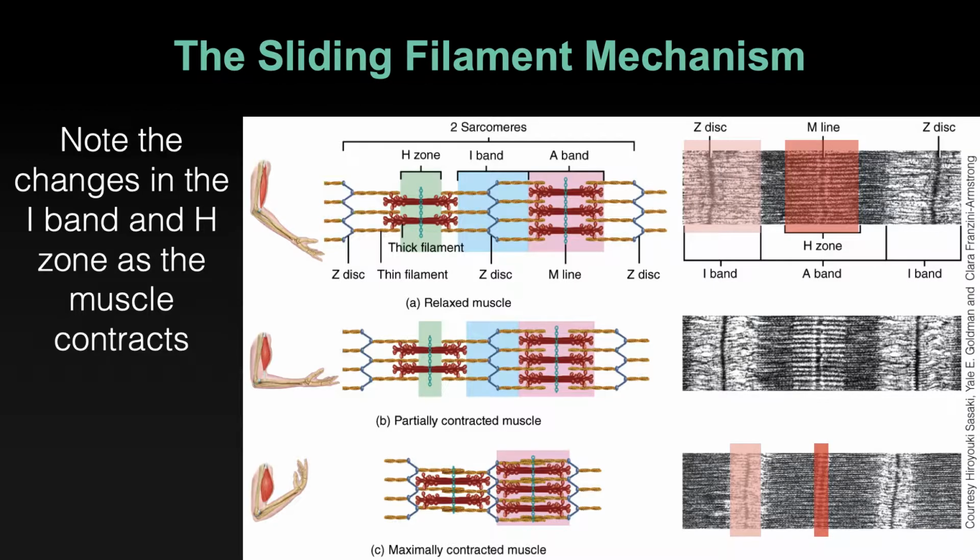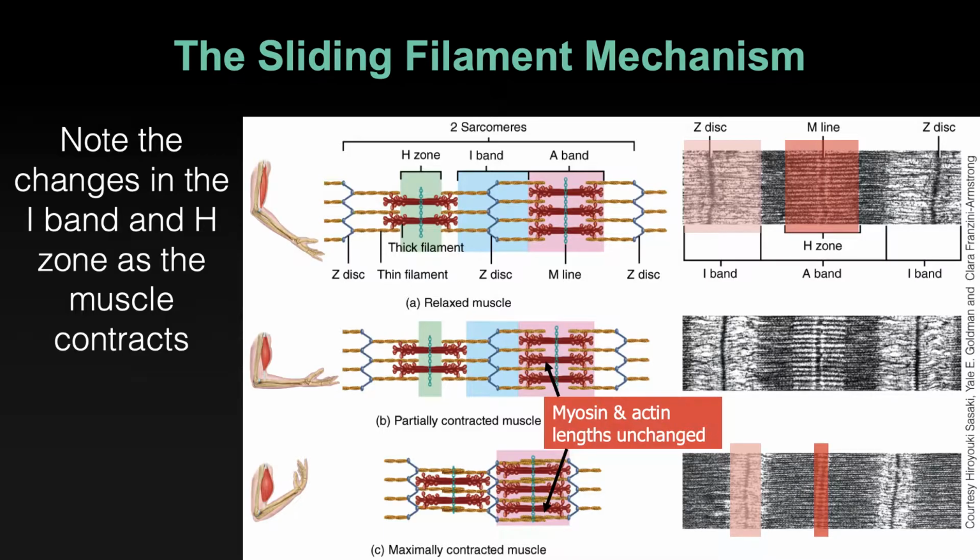You can see that on the right-hand side as well if I highlight them for you. The H zone and the I band. As the muscle shortens, they get smaller. But notice the size of the filaments doesn't change. Myosin is still the same length. Actin is still the same length.